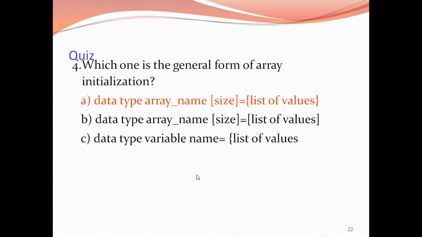The syntax is correct for option A: data type, array name and size. The data type indicates what type of data you are going to store in that array, and the array name and size. Option A is the correct answer.